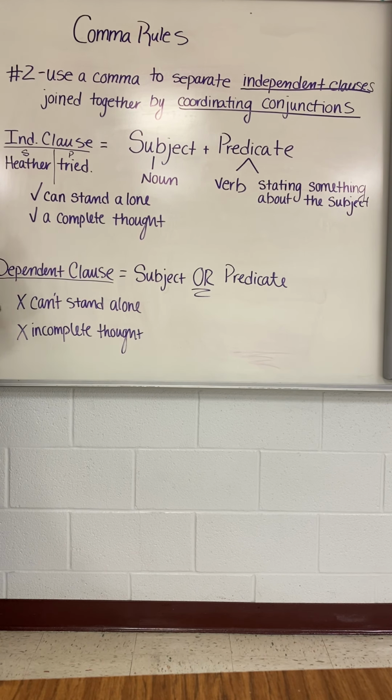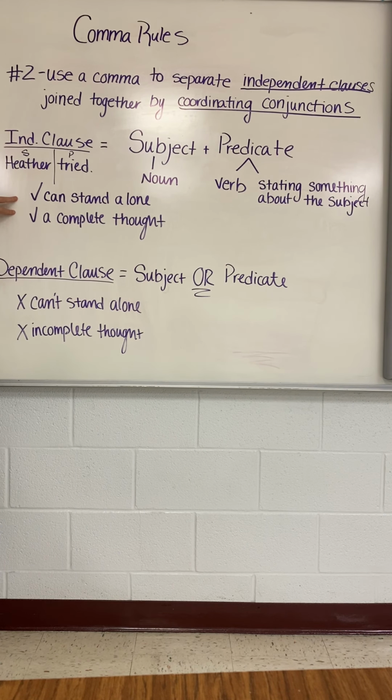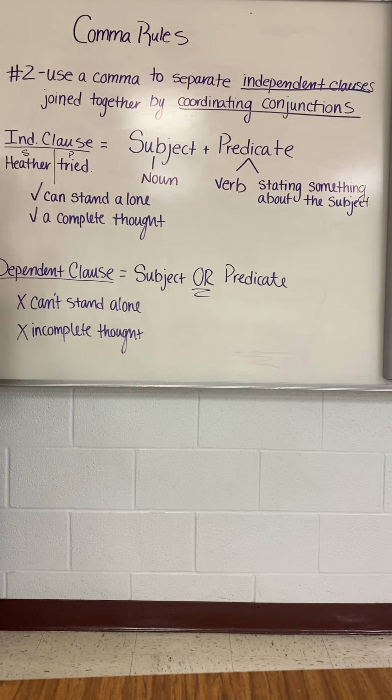So again, if you get really confused with the words subject and predicate and you're not sure if it's an independent clause, ask yourself these two questions. Can it stand alone and is it a complete thought? Does it make sense? If I say Heather tried, that is an independent clause because it can stand on its own. It makes sense. There is a subject and there is an action tied to that, okay?